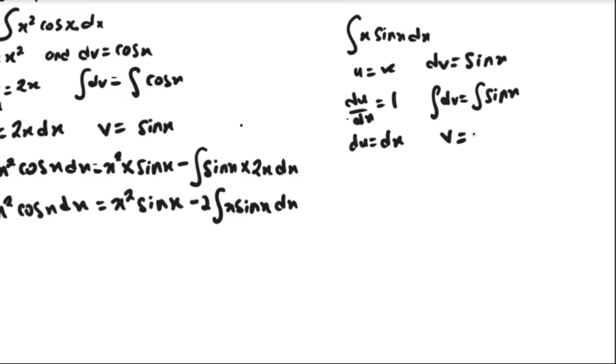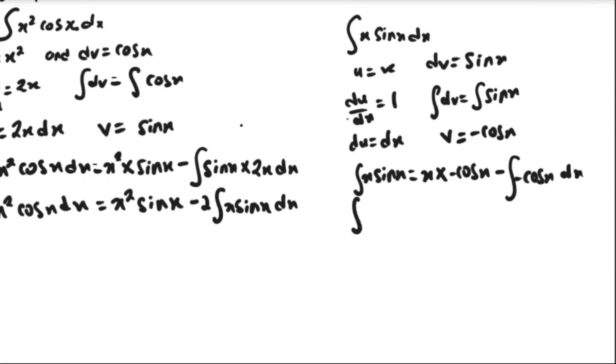Here, v will give us minus cos x plus arbitrary constant c. So integral x sine x will give us uv, that's x times minus cos x, minus integral v, minus cos x, times du dx.